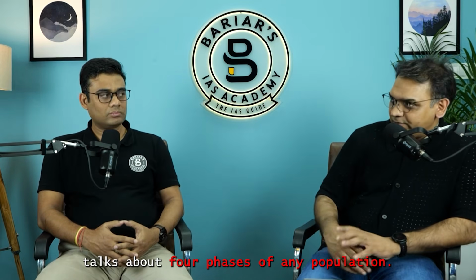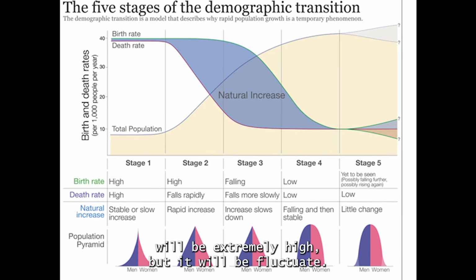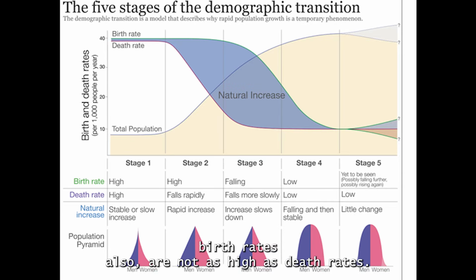In the first phase, the death rates are extremely high, but fluctuating. The birth rates are also very high, but not as high as the death rates.